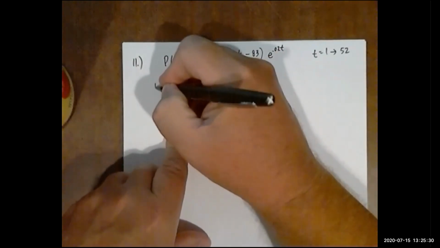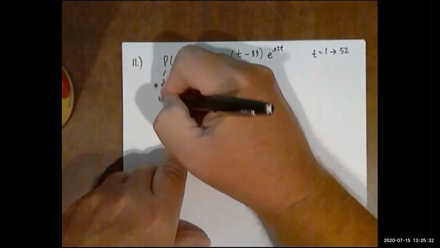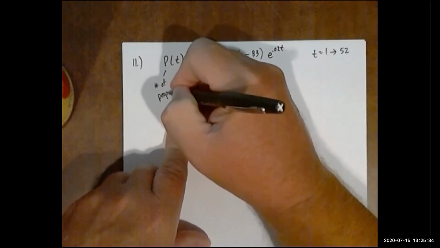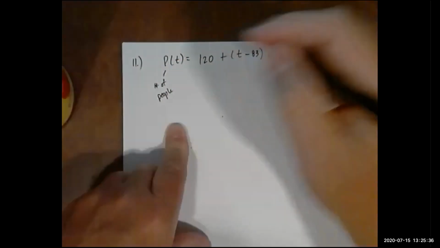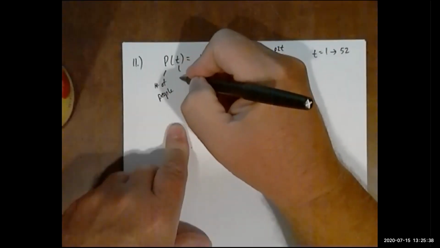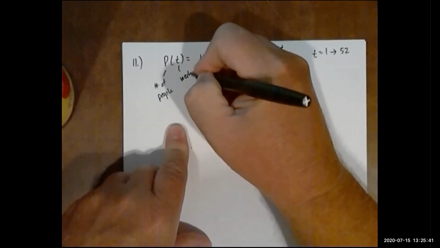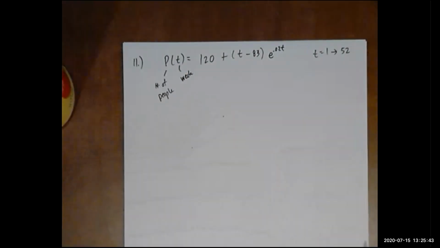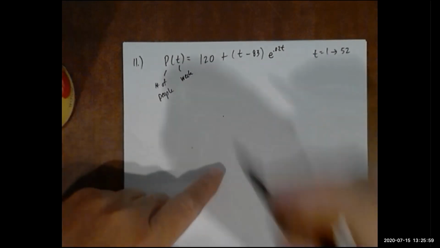So this is the number of people visiting the website, and T is the week. Whenever you have a problem where you're looking for increasing and decreasing and maxes and mins, that's always a tip off that you're going to use the first derivative to answer those questions.